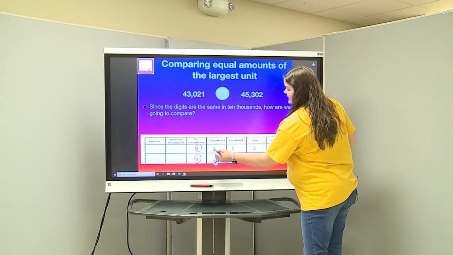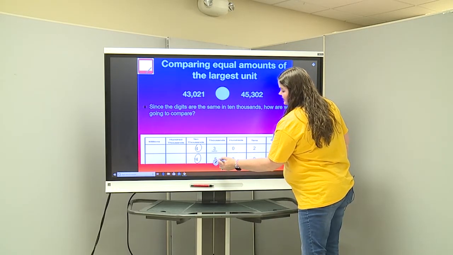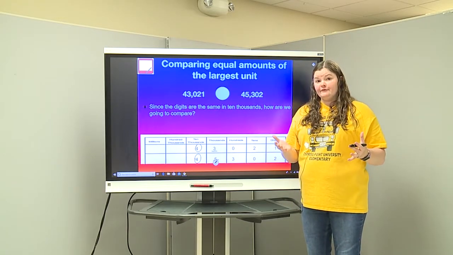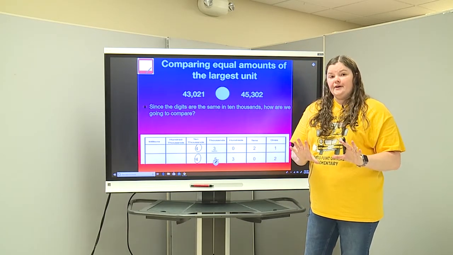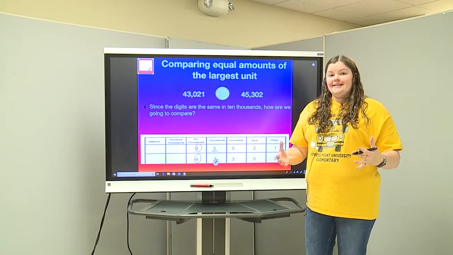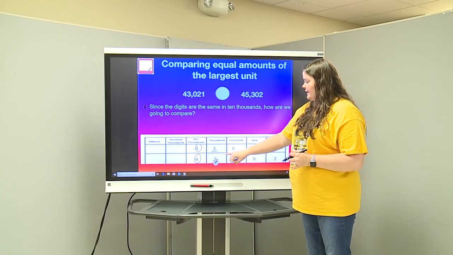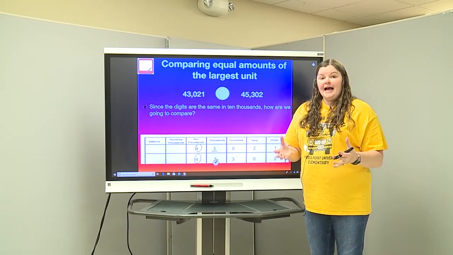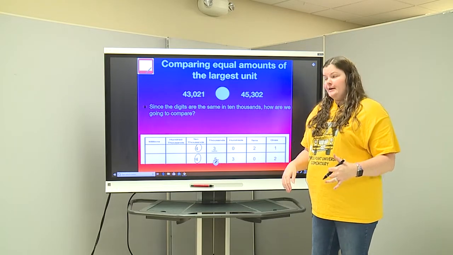Now I see that I've got 3,000s compared to 5,000s. Those two digits are different, so I can stop there and figure out which one is larger. Let's look at 3 and 5. You already know that 5 is going to be a larger number.